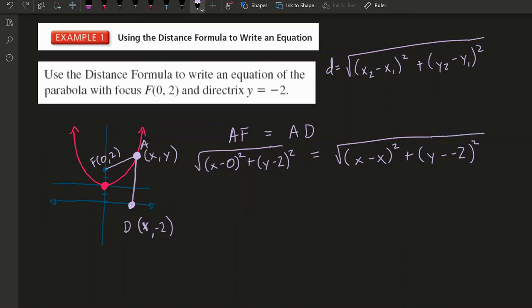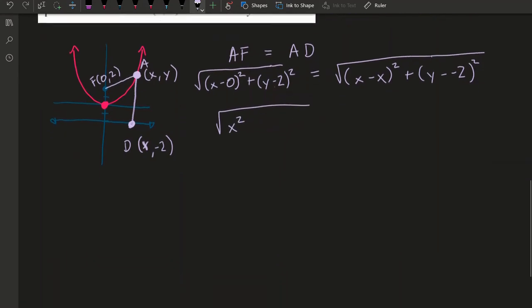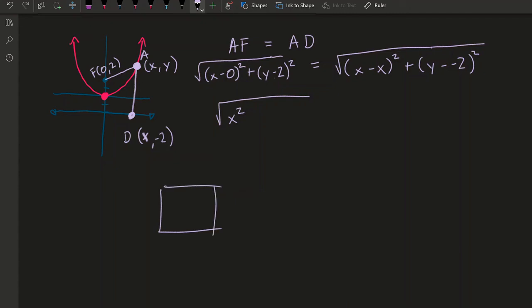Okay, so simplifying that a little bit, I'm going to get the square root of x squared, then y minus 2 squared. I actually need to calculate that. Y minus 2, y minus 2. You get y squared minus 2y minus 2y plus 4. So that means I'm going to get x squared plus y squared minus 4y plus 4 is equal to, right here, x minus x is 0, and 0 squared is 0.